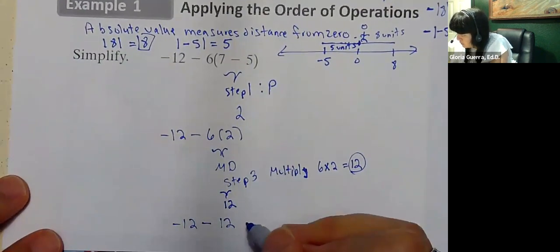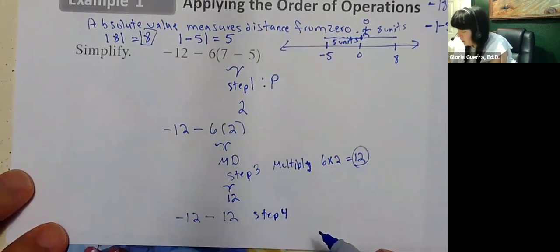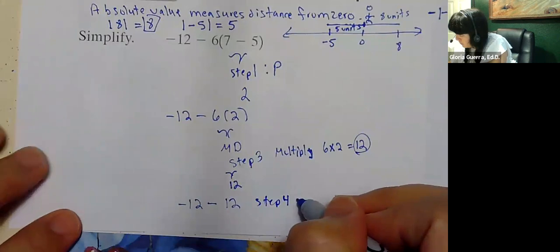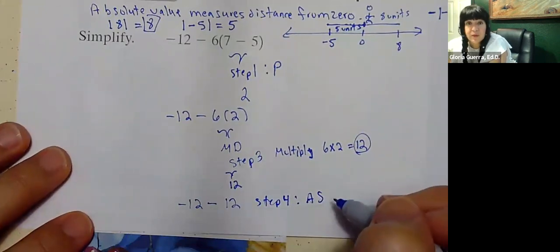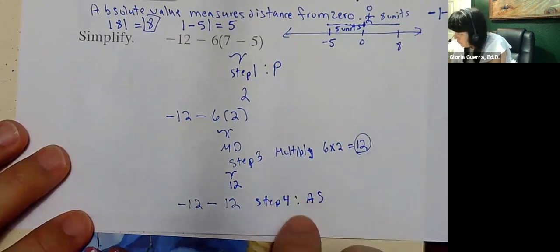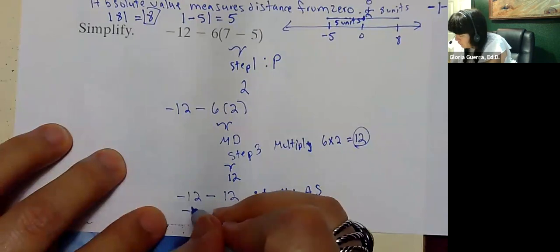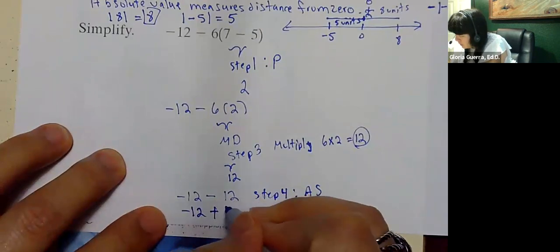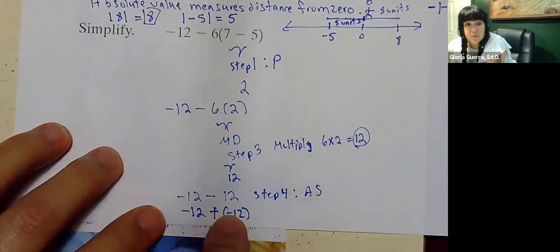So now this is step 4, which is adding and subtracting, right? So step 4 is the adding and subtracting from left to right. And you've got the subtraction. So this is negative 12 plus a negative 12. You're subtracting 12, so plus negative 12.